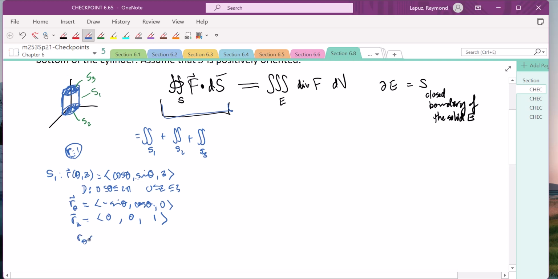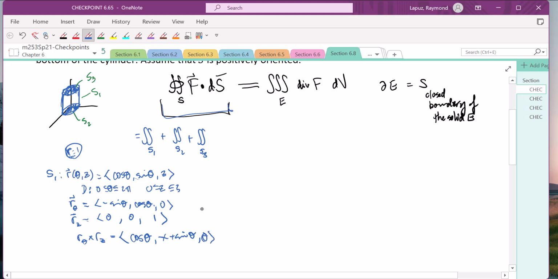And then when we cross them, r theta cross r z to get our normal vector, the x component is going to be cosine theta, and the y component is negative, and that's going to give us a negative sign, so that's going to make it positive sine theta. And then the last component will be 0.